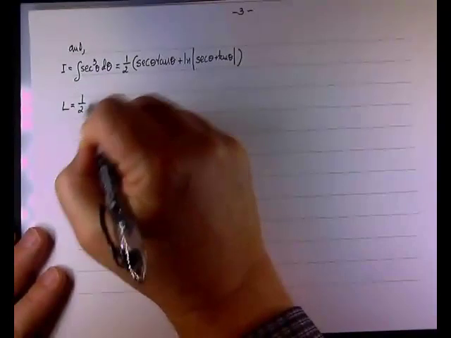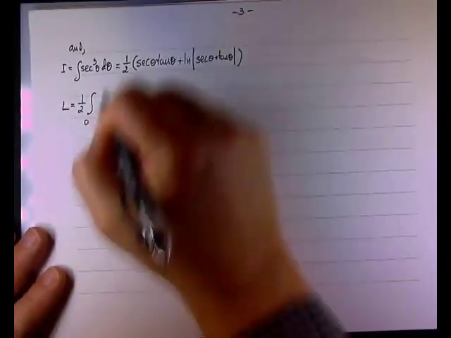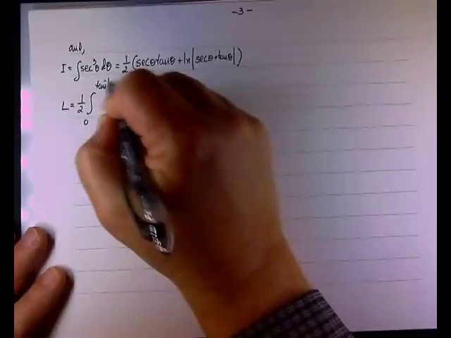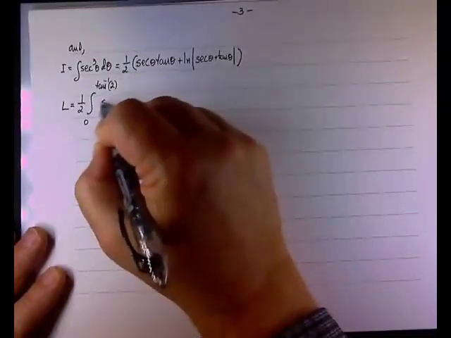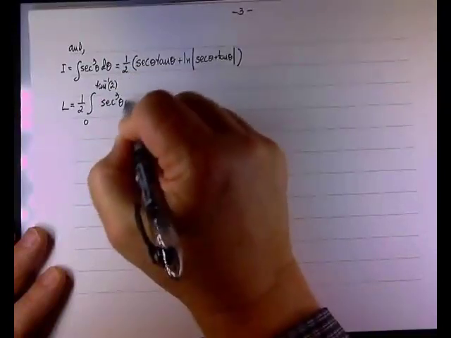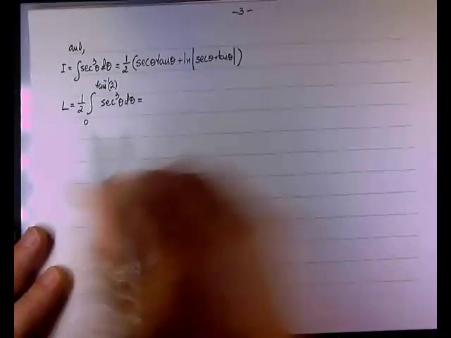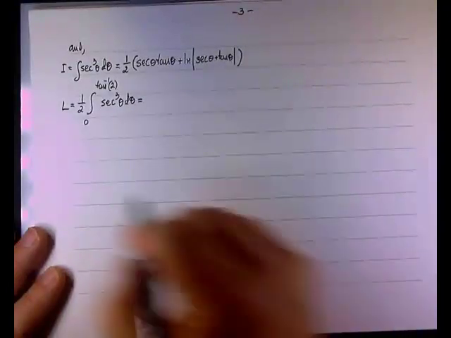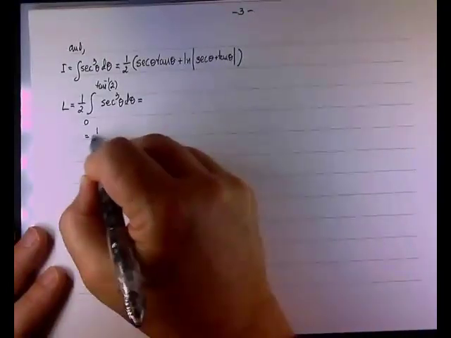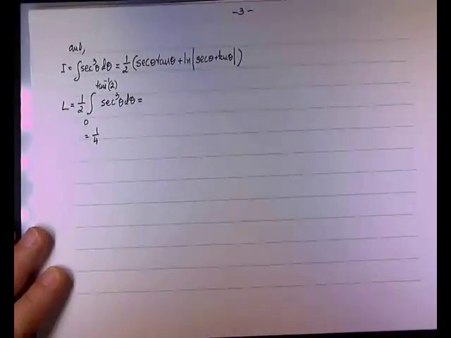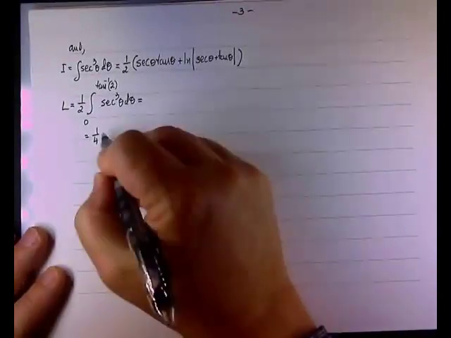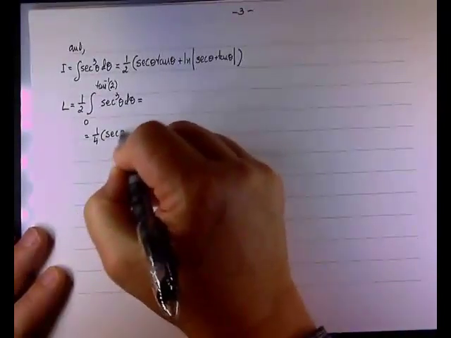Remember, L is 1/2 the integral from 0 to the inverse tangent of 2 of the secant cubed of theta d theta. So it will be 1/2 of this one.